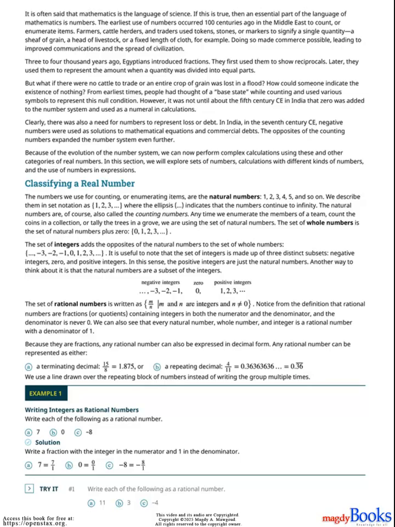The set of whole numbers is the set of natural numbers plus 0: {0, 1, 2, 3, ...}. The set of integers adds the opposites of the natural numbers to the set of whole numbers: {..., -3, -2, -1, 0, 1, 2, 3, ...}. It is useful to note that the set of integers is made up of 3 distinct subsets: negative integers, 0, and positive integers.